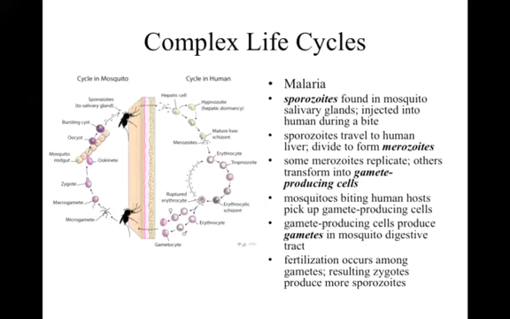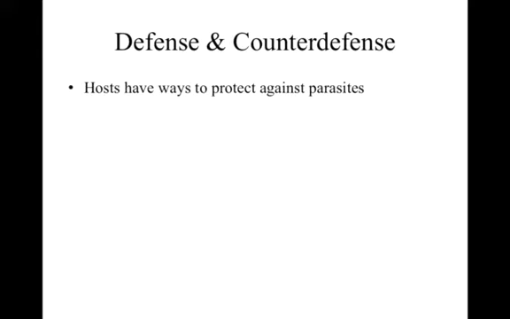So again, a very complex life cycle with all these different stages: the sporozoite stage, the merozoite stage, the gamete-producing cells, the gametes themselves, and then those gametes fertilizing to form zygotes. And the different stages occur in the different hosts, the cycle in the humans versus the cycle in mosquitoes.